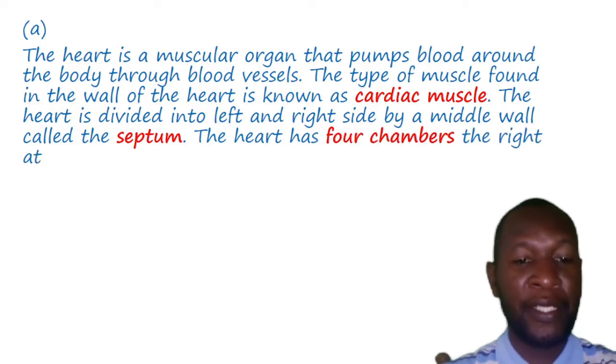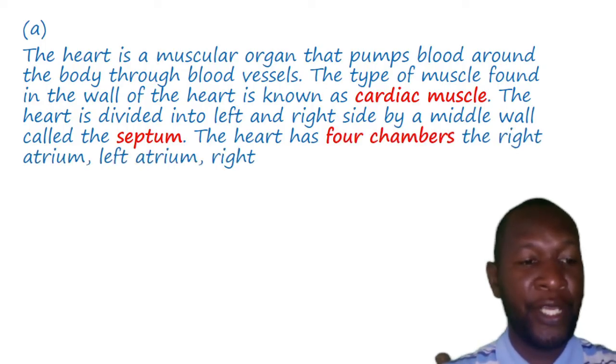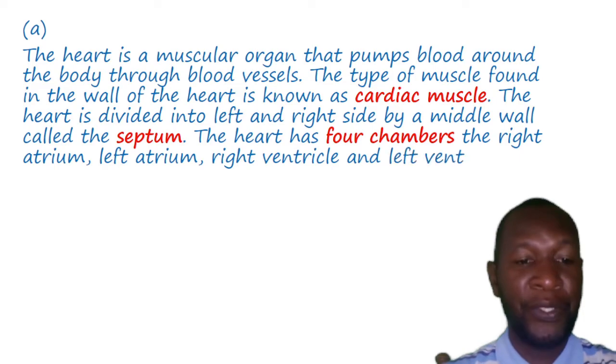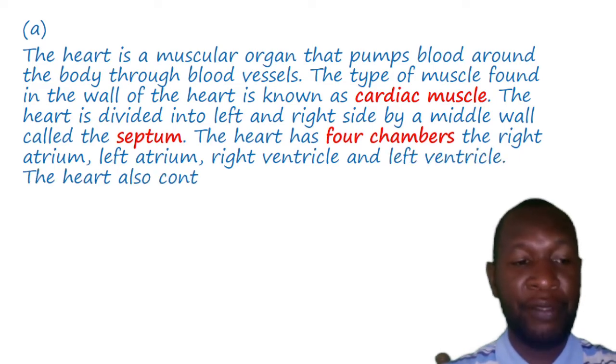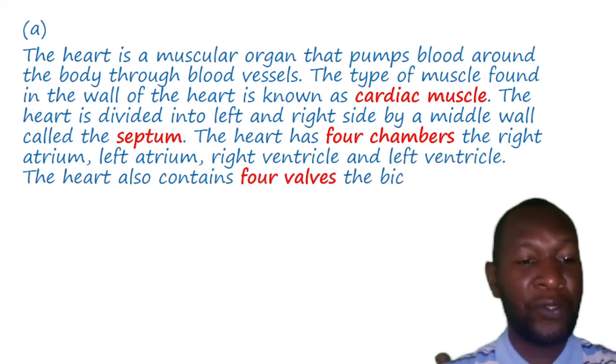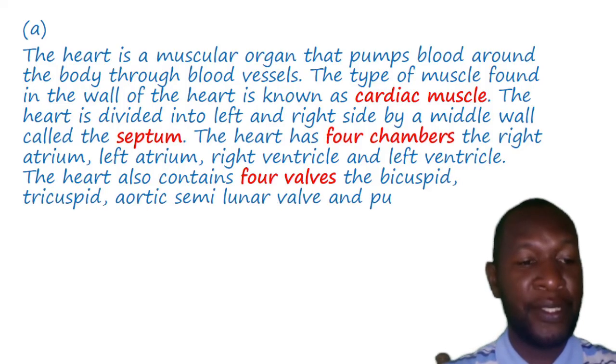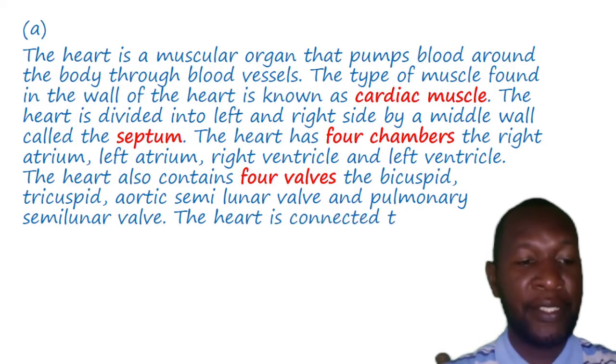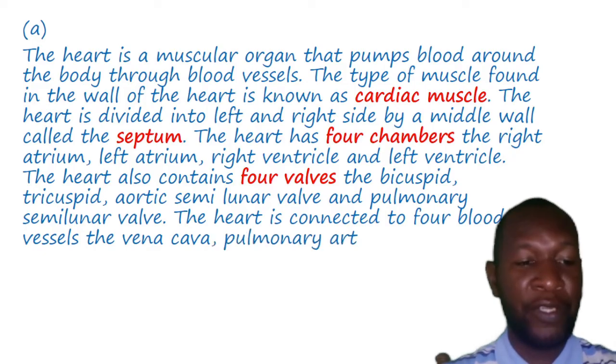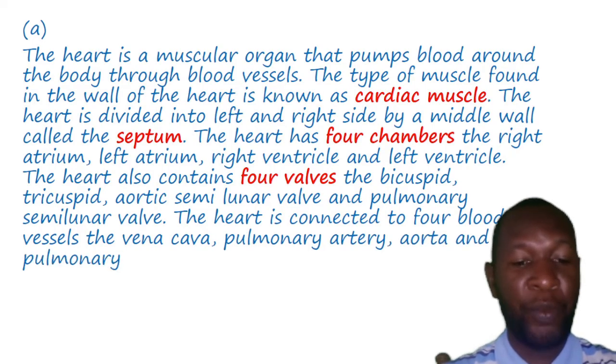The heart has 4 chambers: the right atrium, left atrium, right ventricle, and left ventricle. The heart also contains 4 valves: the bicuspid, tricuspid, aortic semilunar valve, and pulmonary semilunar valve. The heart is connected to 4 blood vessels: the vena cava, pulmonary artery, aorta, and the pulmonary vein.